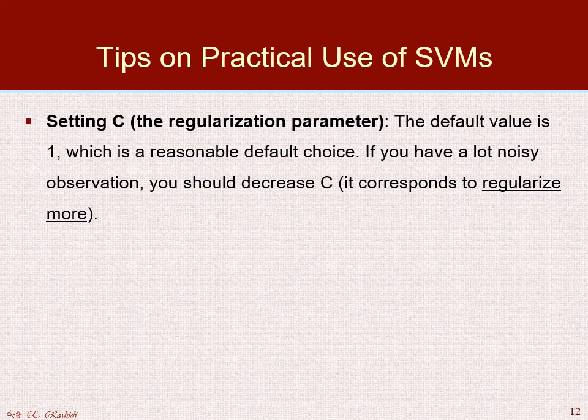More regularization for SVC means a lower value for C, the regularization parameter. So if you want to have more regularization, decrease C. If you want to have less regularization, increase C.